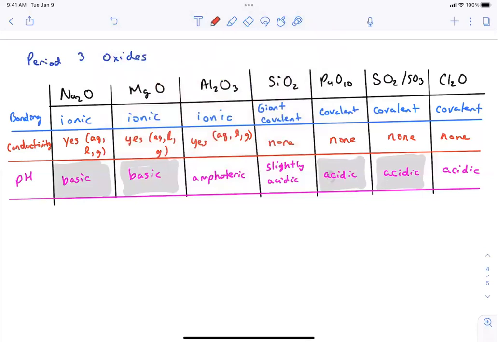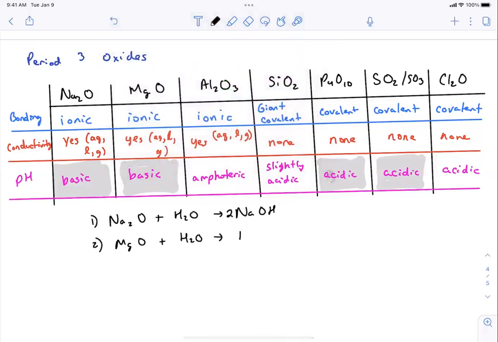Can y'all see what I highlighted there? I didn't realize the gray was so hard to see. So we do need to know those reactions. This follows along the lines of metal oxides reacting with water to form metal hydroxides. Same idea with magnesium oxide. It reacts with water to form the metal hydroxide.